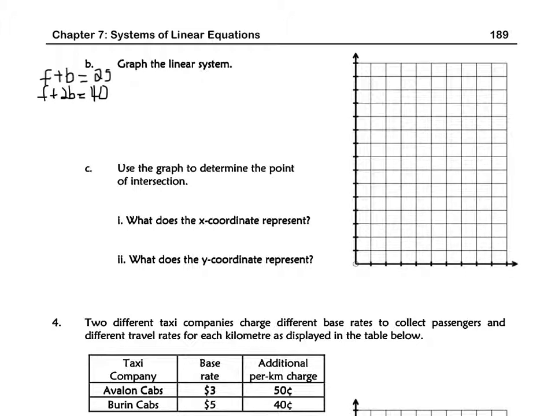So if we have to graph this, we have to decide which one is going to be our dependent, which one's going to be our independent, and it might be easier to write both these equations with the F by itself. So F would be our dependent. So F is negative B plus 25 would be the first equation. And the other equation, to get F by itself, we just write that as negative 2B plus 40.